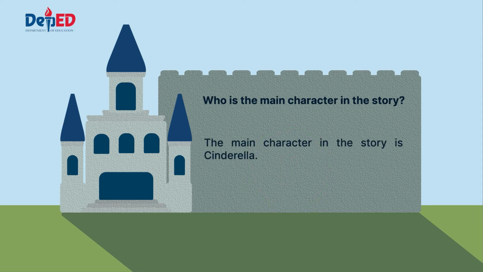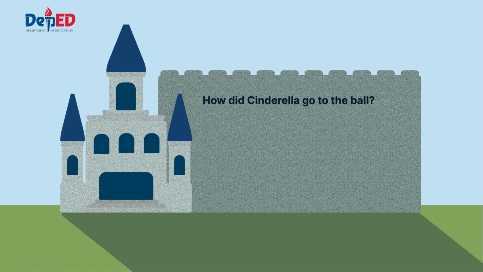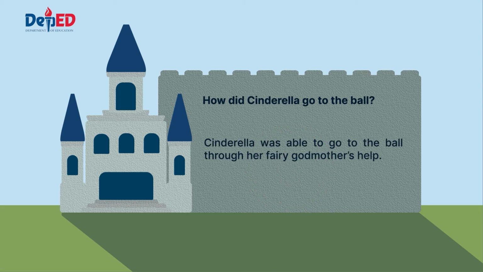If your answer is Cinderella, excellent, you are correct. Number 2 question is, how did Cinderella go to the ball? If your thinking is through the help of her fairy godmother, marvelous, you got it again.